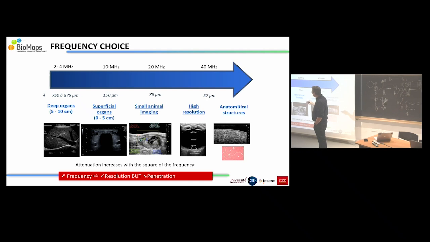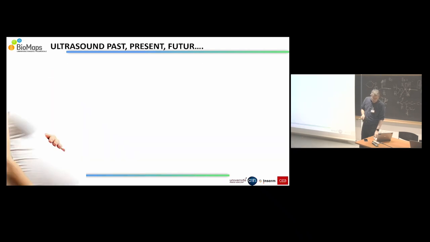So at low frequency, you can go deeper, but with a poor resolution. At high frequency, you can have a high resolution, but only for very thin organs. So this is how we build an image in ultrasound and the basic physics law to build this image.